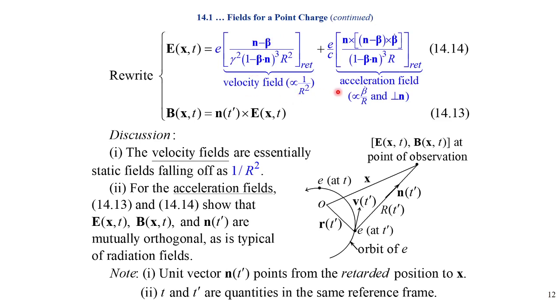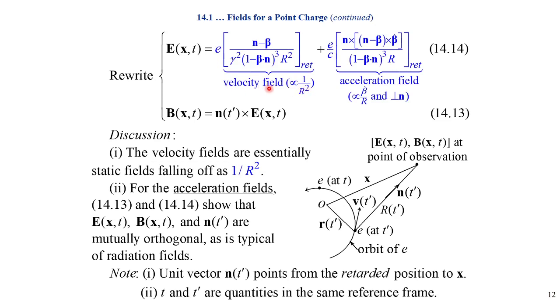And second, we have the acceleration field. Let's check the dimension. n is dimensionless, beta is the normalized velocity, so it is dimensionless, gamma is dimensionless. So it's just equal to e over R squared, evaluated at the retarded time.